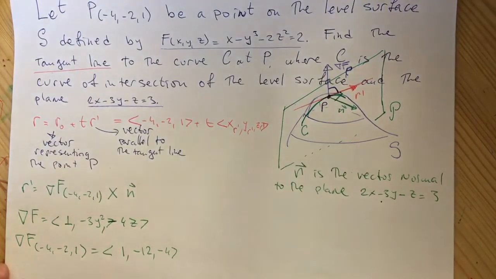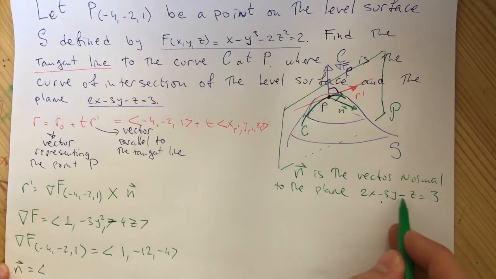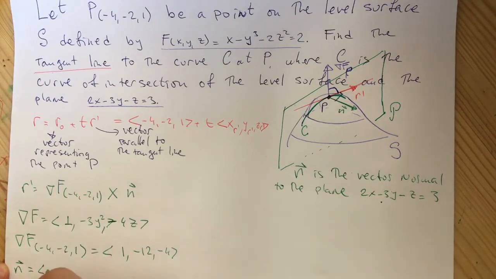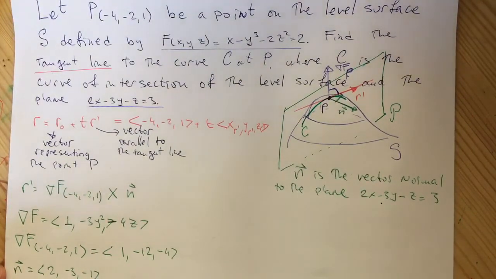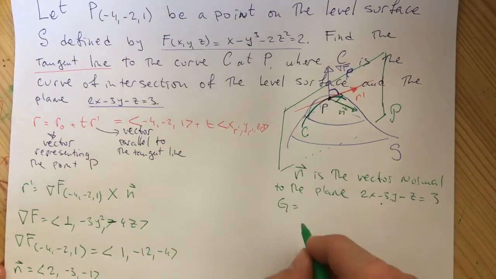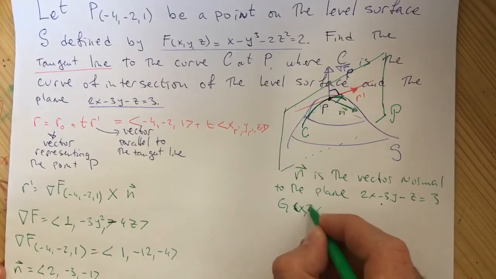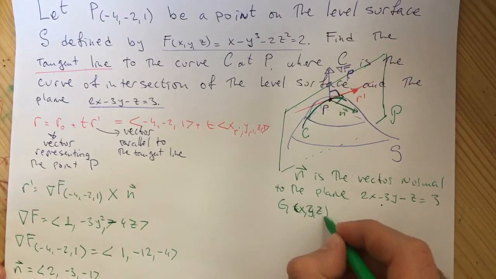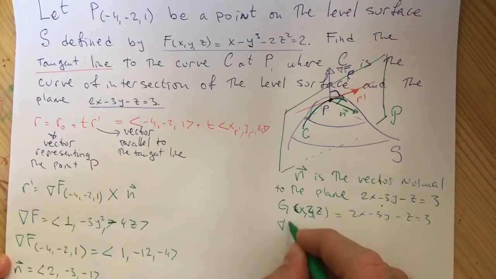On the other hand, the normal vector of the plane is just the scalars multiplying the variables here, so that's 2, -3, and -1. Of course, somebody might say, well, can I define this surface as G in three variables x, y, and z, as 2x minus 3y minus z equal to 3, and then find the gradient of G?